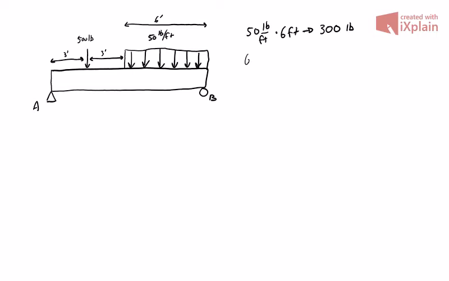And if it starts at the 6-foot mark, halfway across our beam, and goes all the way to the 12-foot mark, then the equivalent point force will act at the center of this distributed force. So if it goes from 6 feet to 12 feet, it'll act at 9 feet, right in the middle.